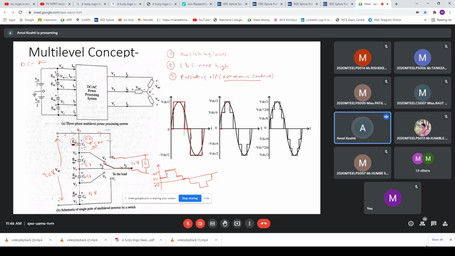So what is the significance of this? If we connect the filter at the end, how do we get the waveform? We get the sinusoidal waveform in this way.